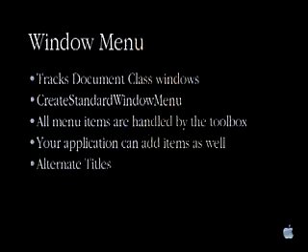The window menu is something new, and it's completely supported by the toolbox. It automatically tracks document class windows. You add it to your menu bar by calling CreateStandardWindowMenu. It hands you back a menu. You then take the menu and insert it into the menu bar yourself. The reason that we don't insert it for you is you might have different requirements for where it lives in your particular menu bar.